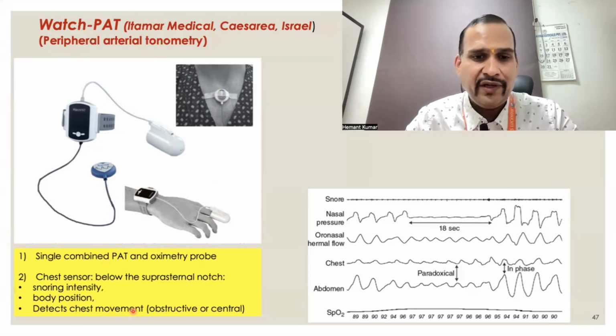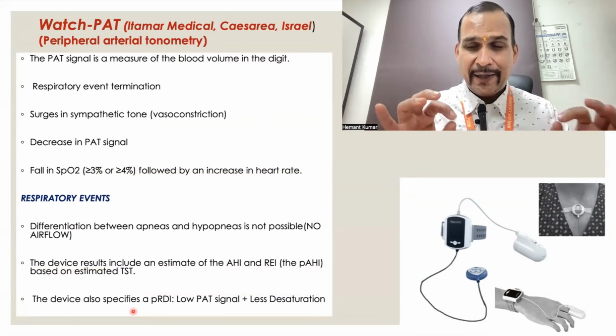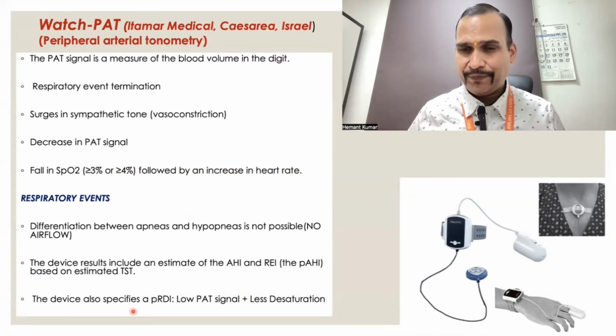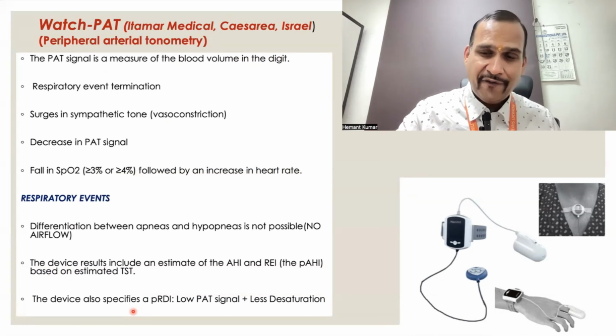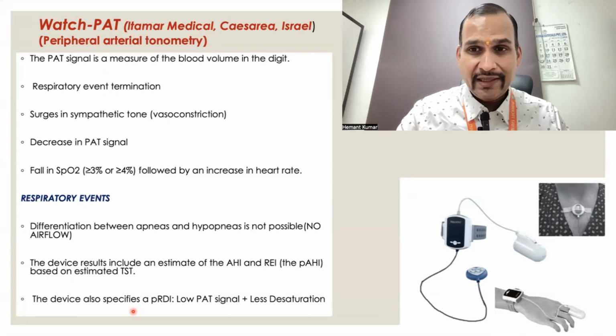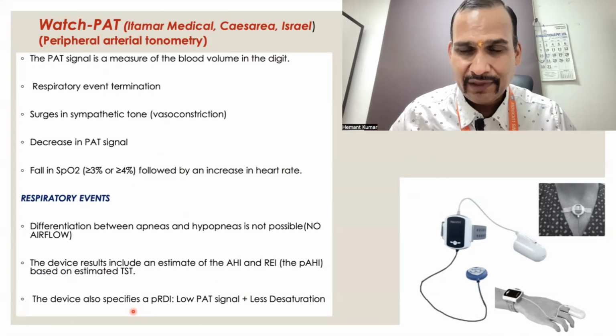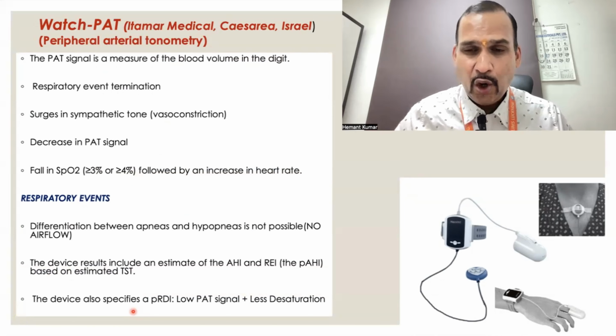Okay, so how it is working, I'll tell you. Whenever there is a respiratory event, whenever there is apnea or hypopnea, after cessation of apnea, when the apnea is getting terminated, there is arousal and a sympathetic surge, an increase in sympathetic activity.